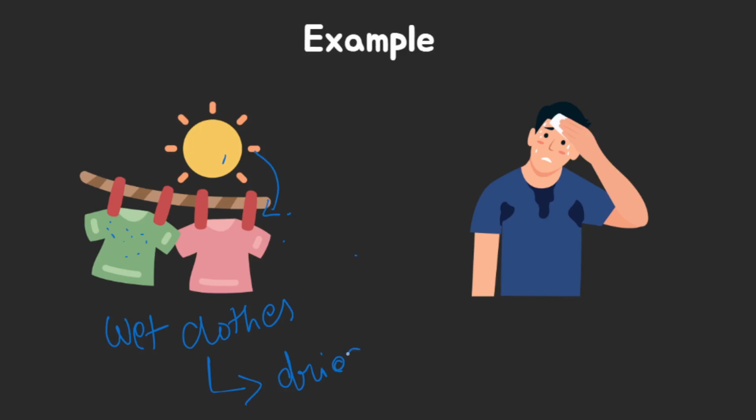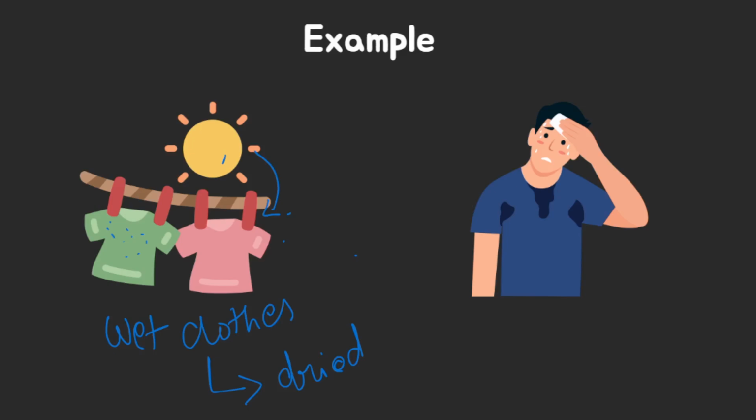The next example is sweat drying in the sun. We always get sweat. How do we evaporate this sweat? Almost everywhere we sweat when we go outside.